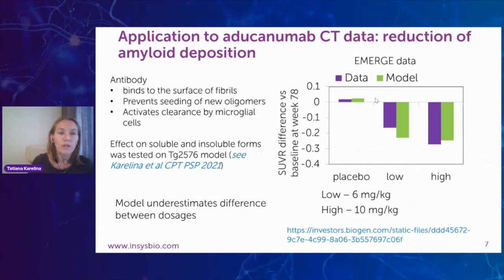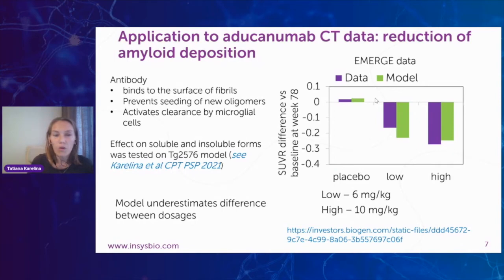Previously, we have satisfactorily described reduction of soluble and insoluble forms of amyloid on our model of transgenic 2576 mouse. And now we tested our model and compared with the data for aducanumab in human.